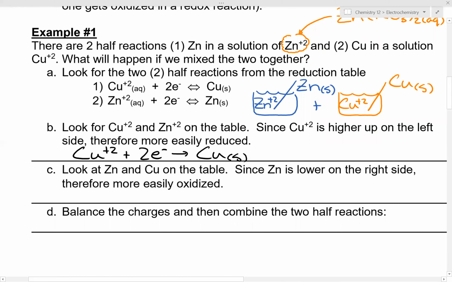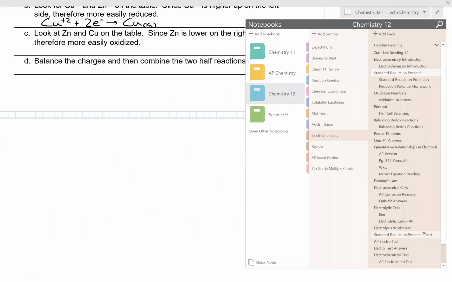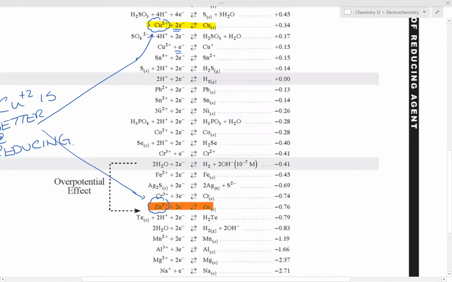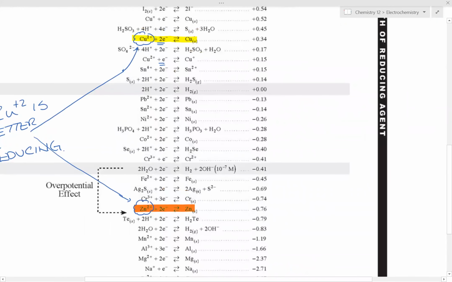Now, if we look at zinc metal and copper metal on the table, we see that zinc metal is lower on the right-hand side, therefore more easily oxidized. Again, if we compare the copper versus the zinc, in this case, because copper solid is weaker at undergoing oxidation than zinc, notice zinc is lower down on the right-hand side, so it's stronger.